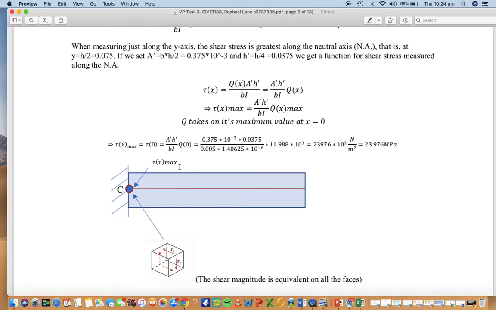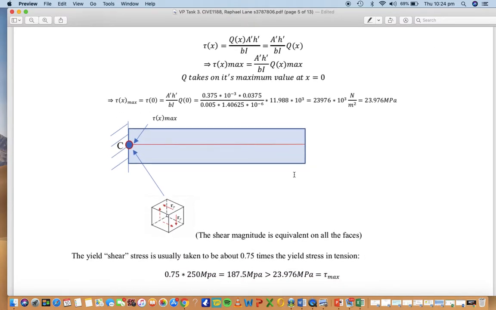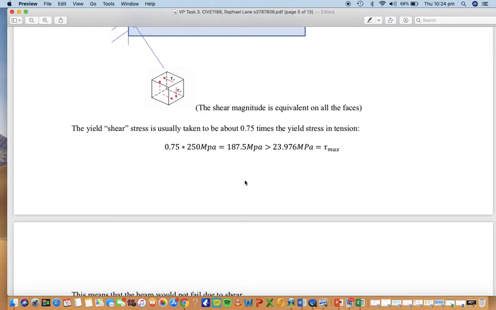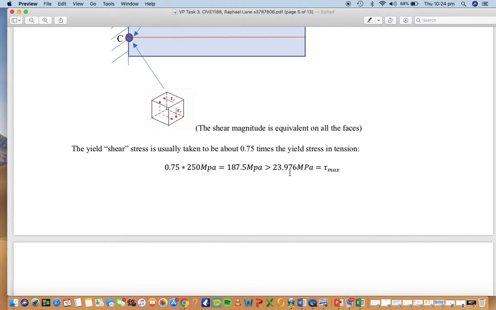And since the shear force is maximum at x equals 0, it's very easy to identify this point here back at the fixed end as being the point that's going to have the maximum shear force. Again, punch in some numbers and come up with the shear force.